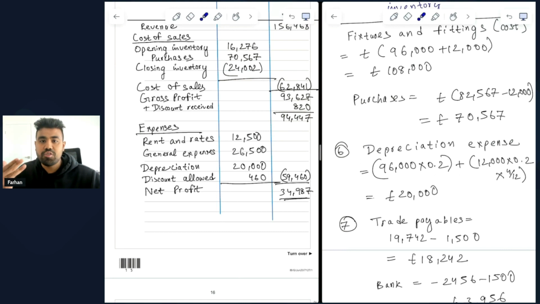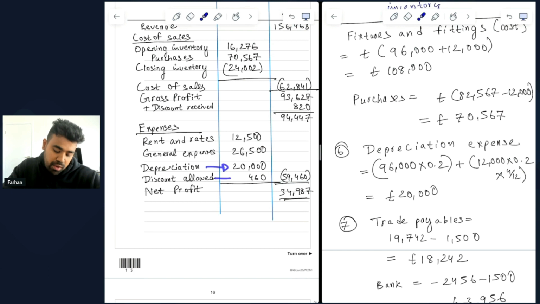So that's 4 months in total. So that is why we are apportioning the 20% annualized rate by multiplying it with a further 4 over 12 to reflect the fact that this asset was used for 4 months. And once you combine both of them, you should get a depreciation expense of £20,000 for fixtures and fittings. So which is what we have included here.